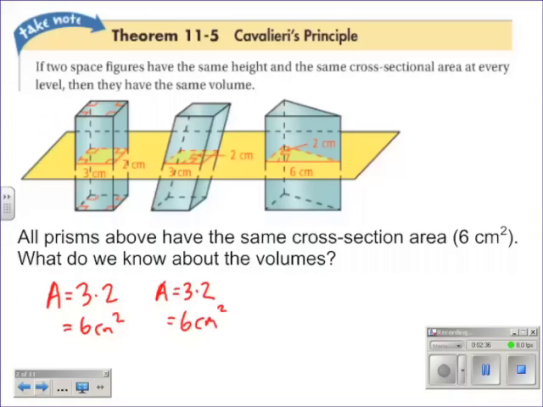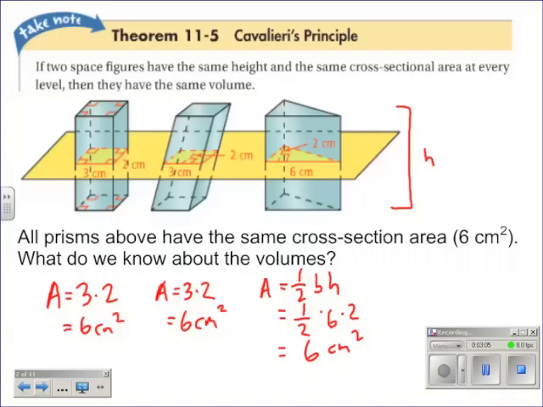And the last one, the triangular prism, has a cross-section from the area of a triangle, 1/2 times 6 times 2, which results in 6 centimeters squared. Therefore, using Cavalieri's principle, because all of these prisms have the same height also, we can state that their volumes are all the same.